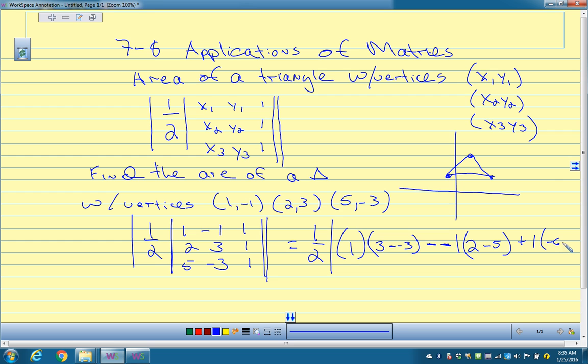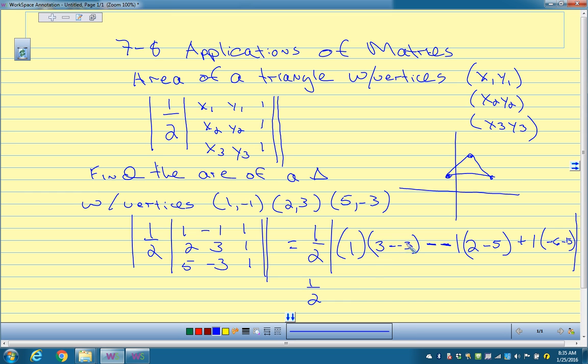And then you get 1/2. It doesn't really matter where you put the absolute value: take the absolute value and then multiply by 1/2, or multiply by 1/2 and then take the absolute value.